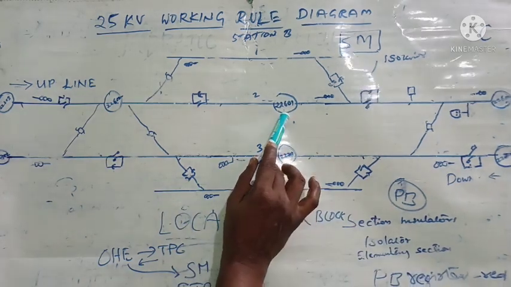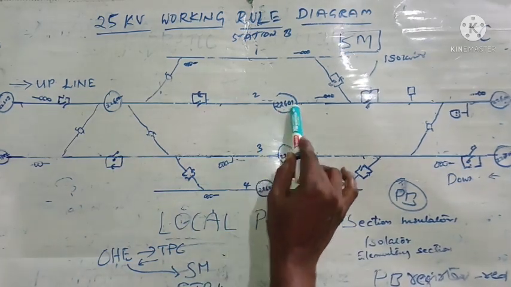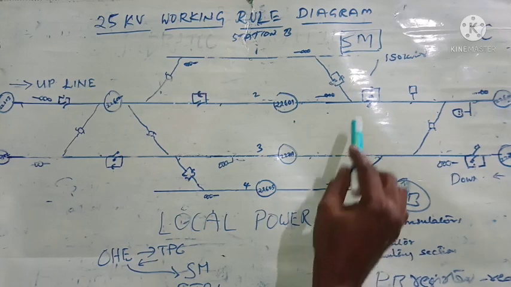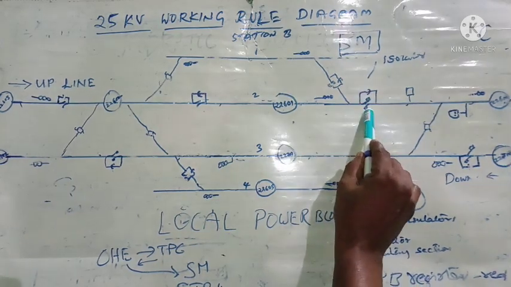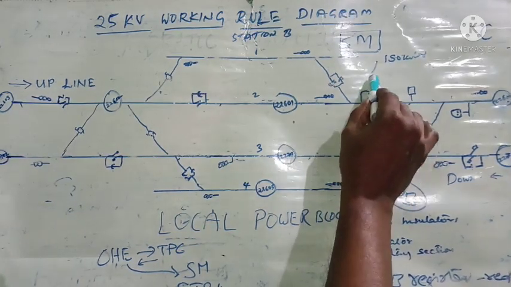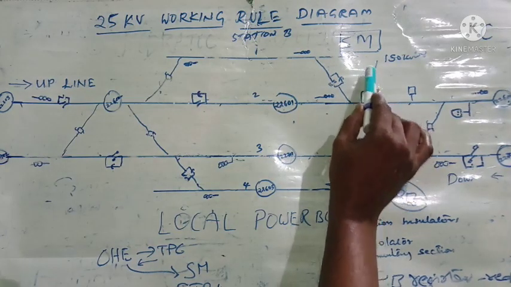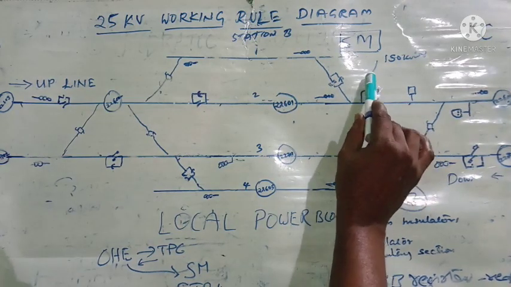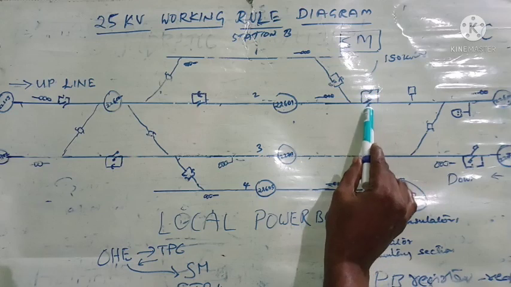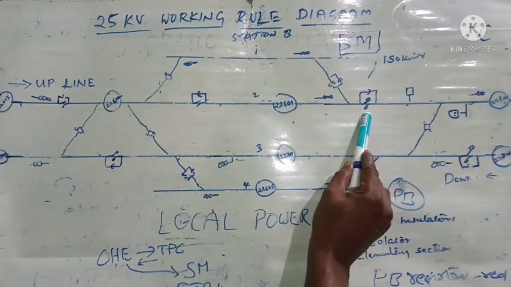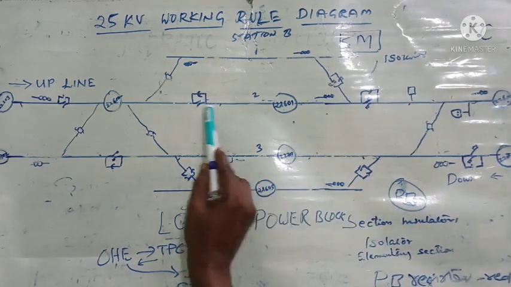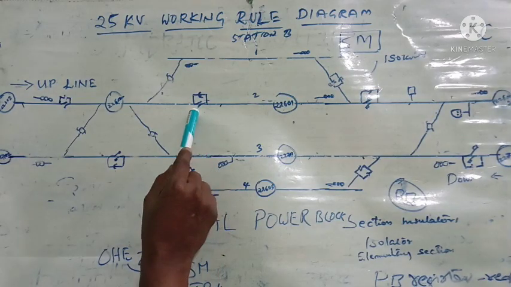Now let us see how long this 22601 elementary section is. Here there is an isolator, that is, from here it is possible to switch off the power, or it can be kept open. Then here it begins, and here there is another isolator.